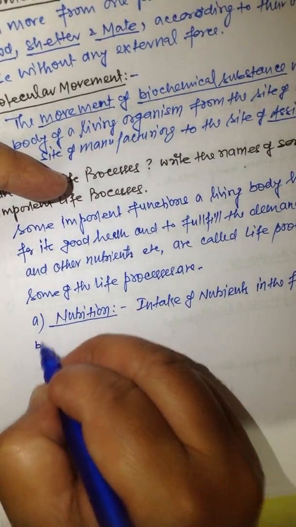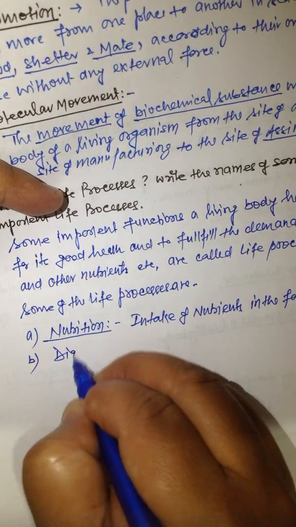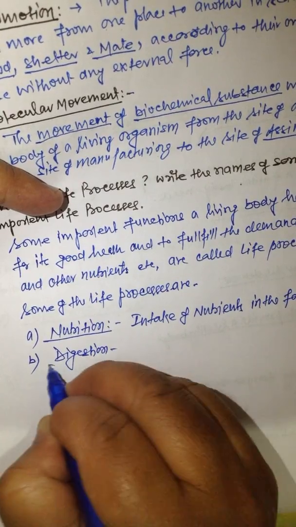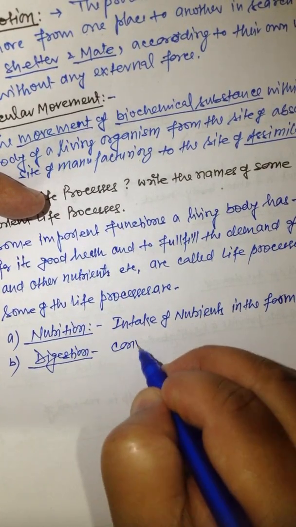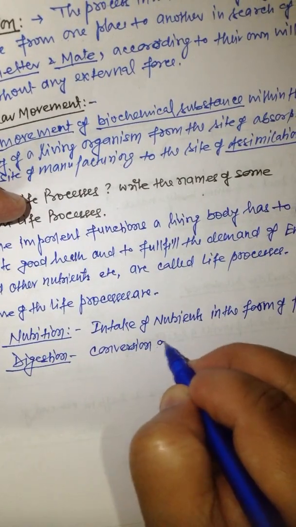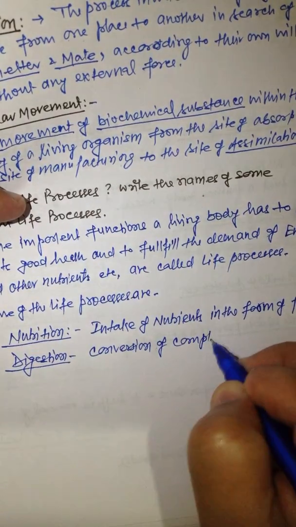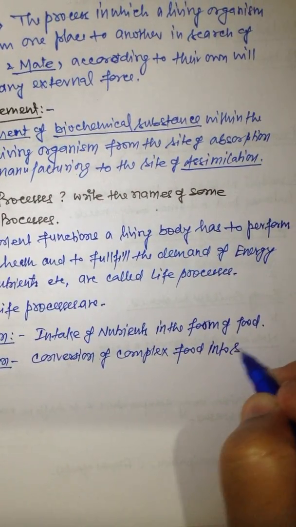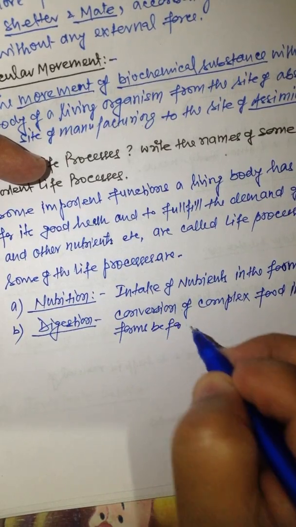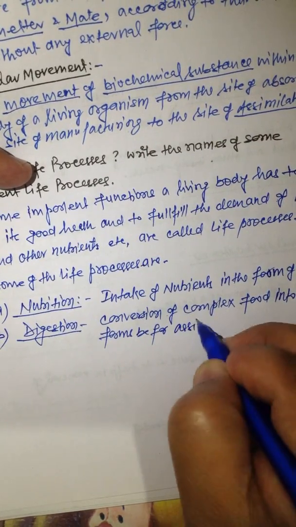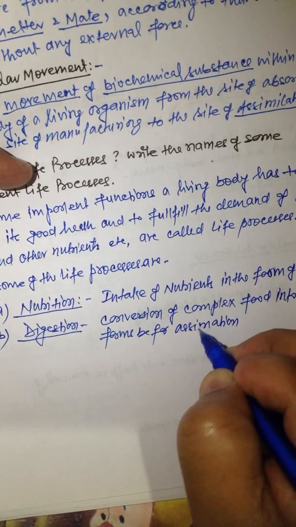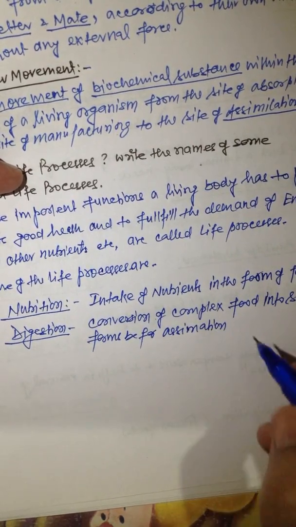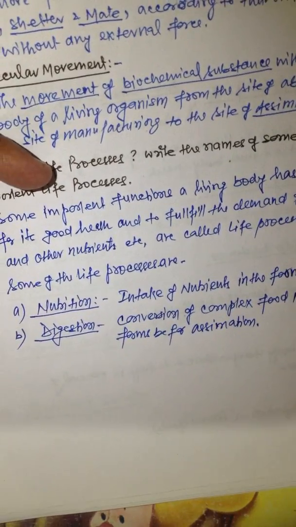Second one is digestion: conversion of complex food into simpler forms before assimilation. Okay, because the food material which we eat is not in a simple form which can be assimilated in the body, so first it is converted into simpler forms.